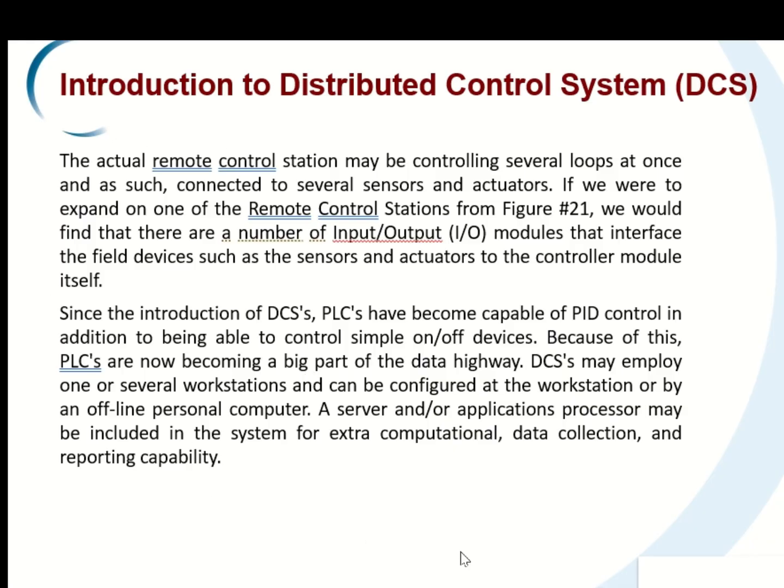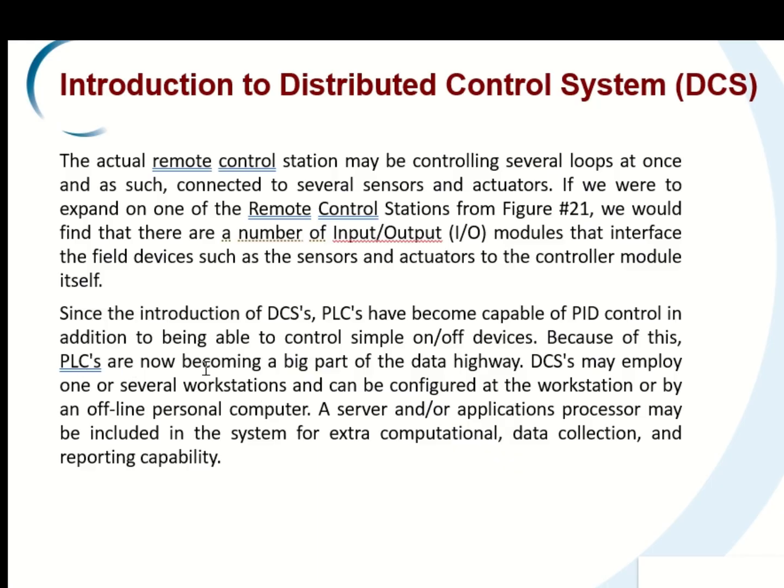So it's just more about DCS. The actual remote control station may control several loops at one edge, connected to the several sensors and actuators. We saw that. Since the introduction of DCS, PLCs have become capable of PID control in addition to being able to control simple on-off devices.